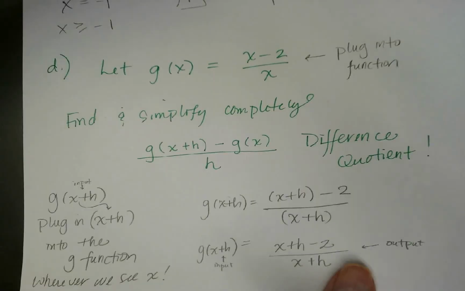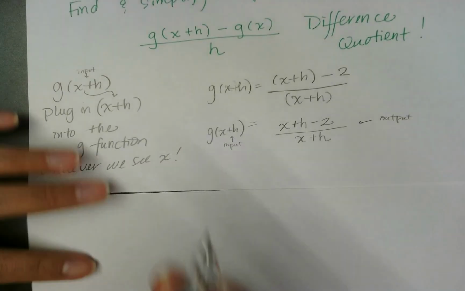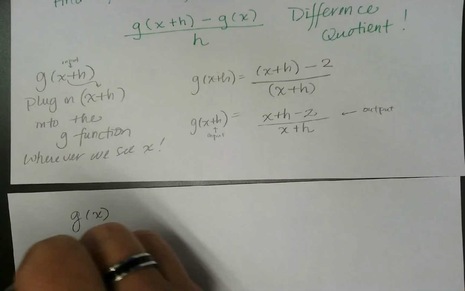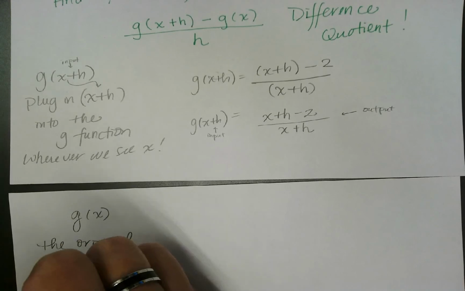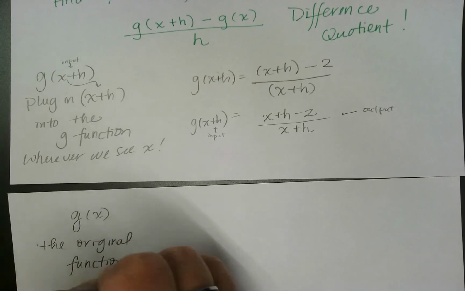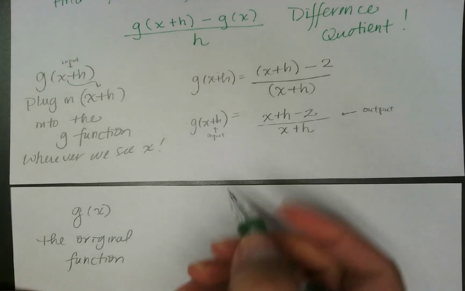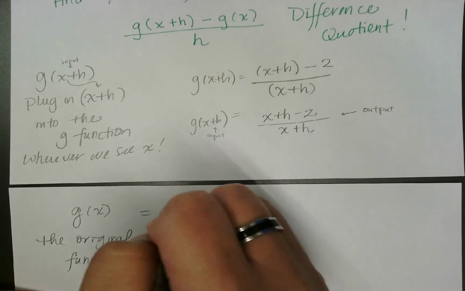The second piece is g of x. Well, what is g of x? Isn't that the function? Yep, that's the original function. Or another way to think about it is plug in x wherever you see x. So it's just itself: x minus 2 over x.